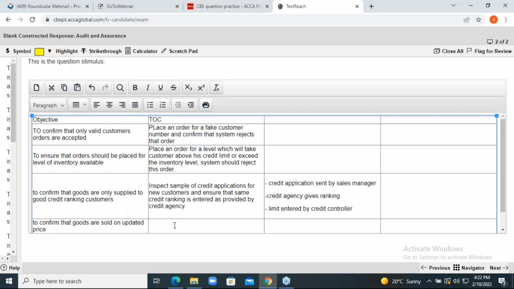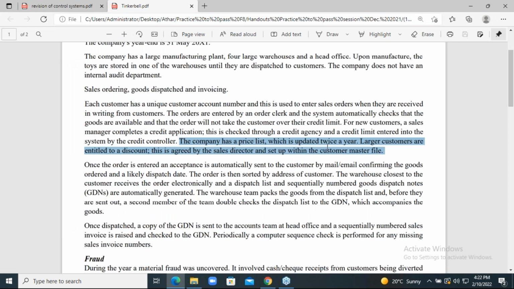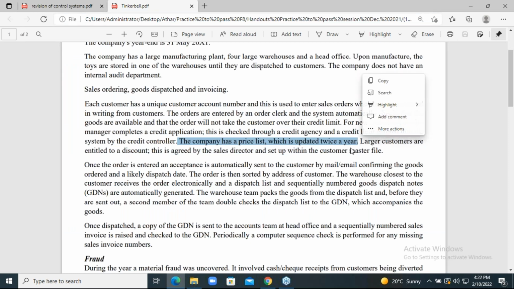So how are we going to test it? Now, here in this data, we are going to write a sort of generic test of control, and this is very easy. On a sample basis, we need to identify some invoices where we sold some goods to customers and reconcile them with the price of that commodity at that time of the year.